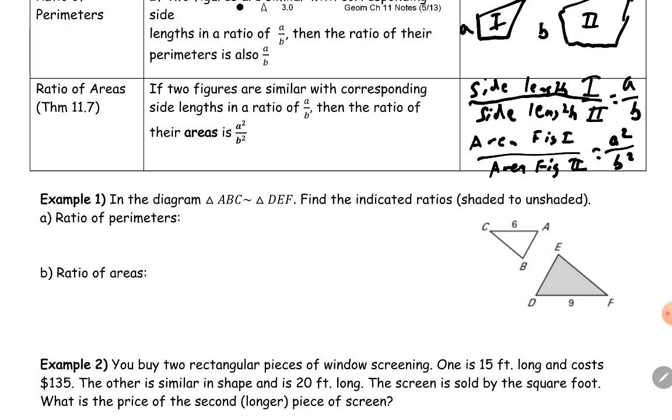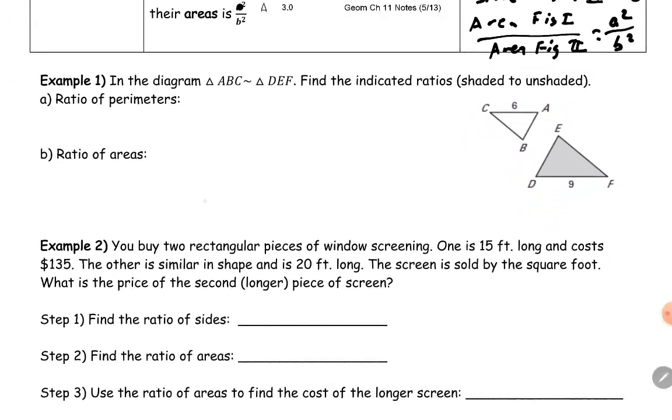They tell us these two are similar, and these are corresponding sides. The unshaded triangle is just flipped from the shaded triangle. So they want shaded to unshaded. So that would be 9 over 6, which is 3/2.